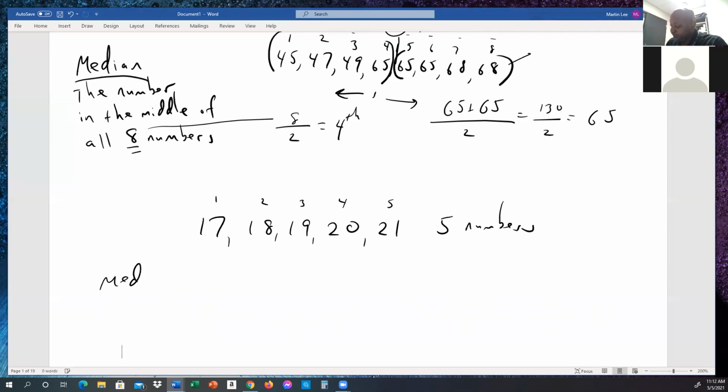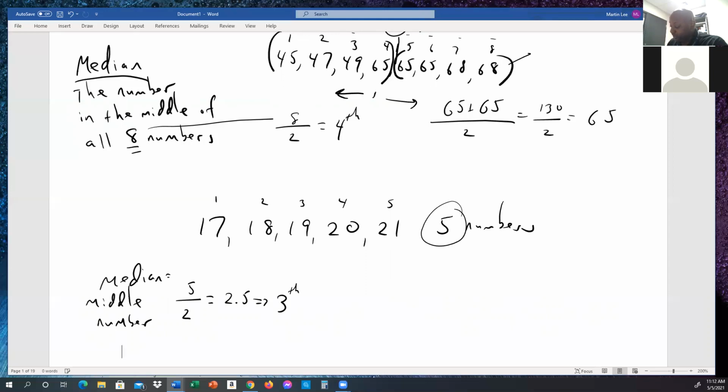Now, if I were asked to find the median, or the middle number, I would take the total number, which is 5, and divide that by 2. This would give me 2.5, and I would round up to make this 3.